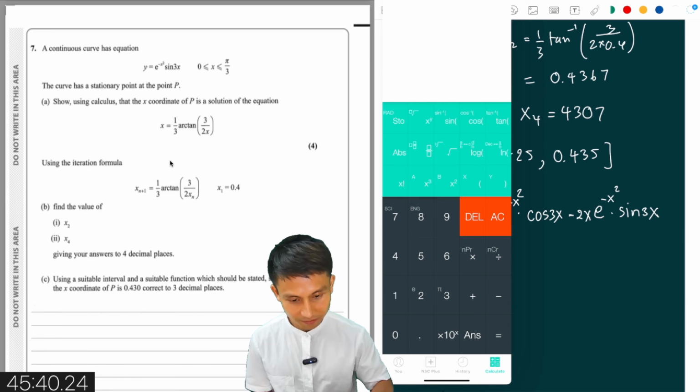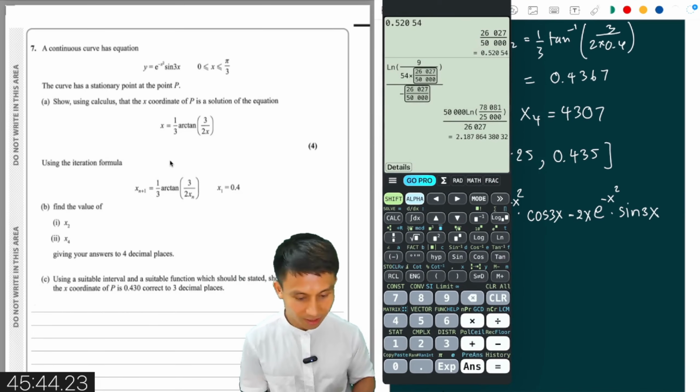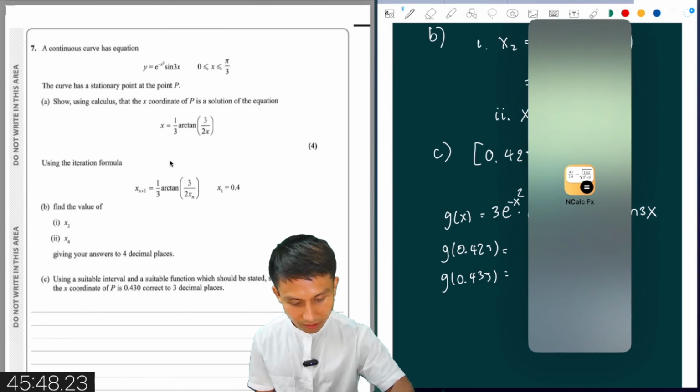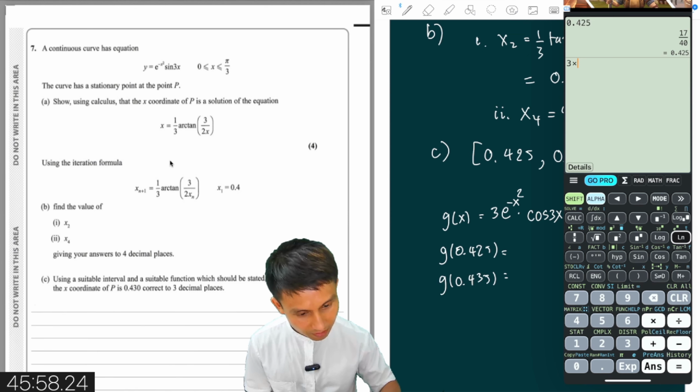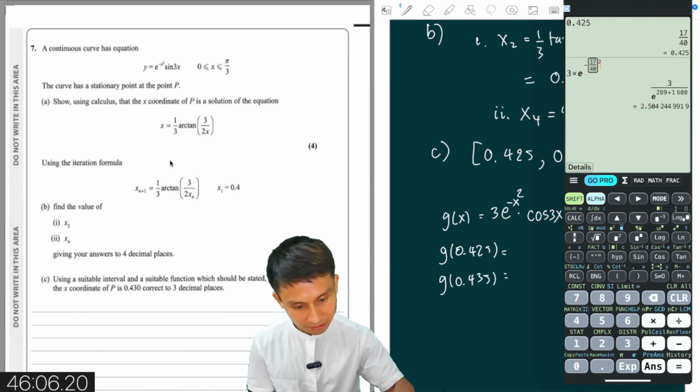Okay, so I probably need to put some x as an answer first. So now I'm gonna bring back my better calculator here, I think. So what was it? 0.425, put that as an equal and clear, and then 3 times e to the power of minus answer squared.